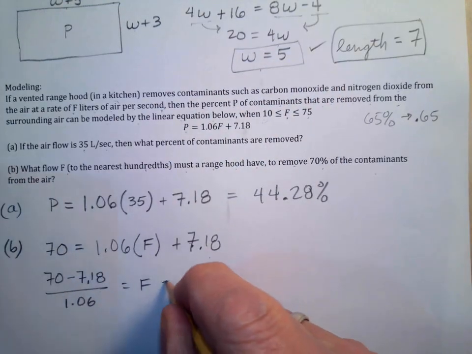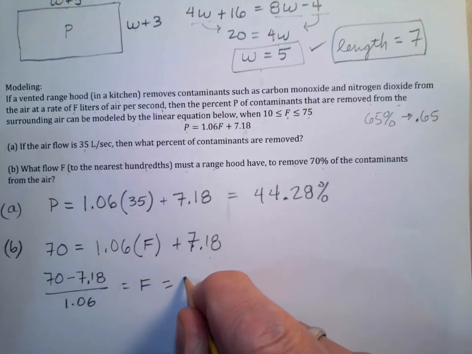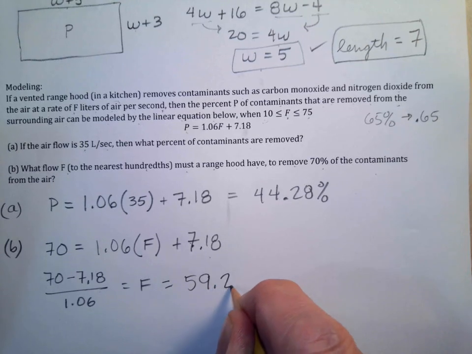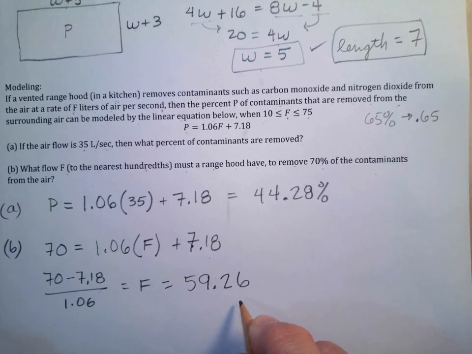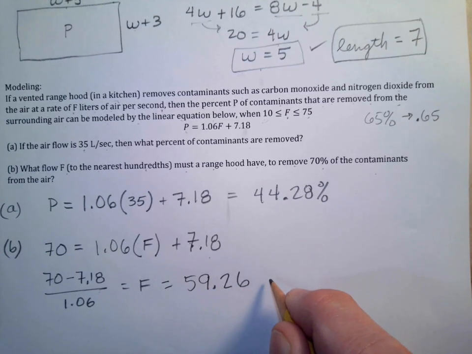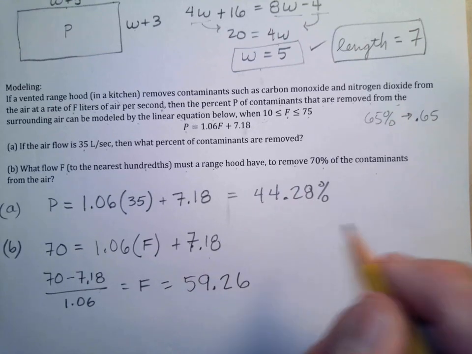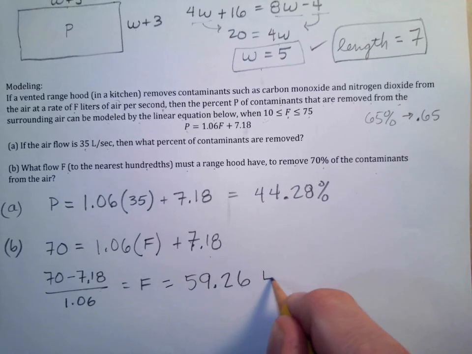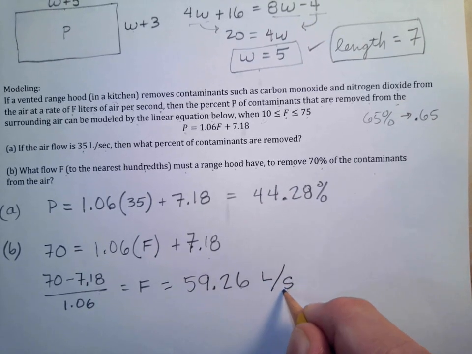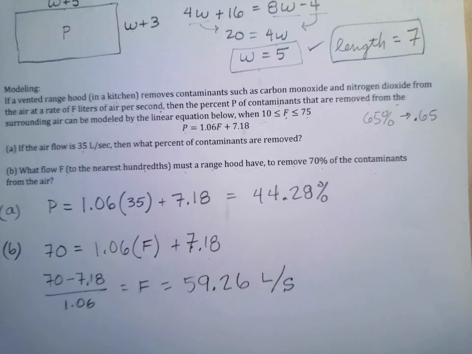The flow rate would need to be about 59.26 because they asked us to go to the hundredth, and I guess we should put down the units in this. This is liters per second. So L per S, okay?